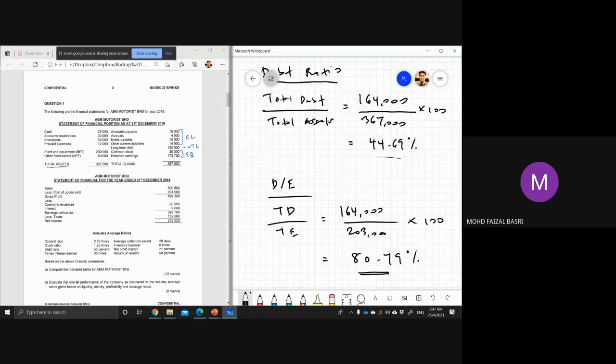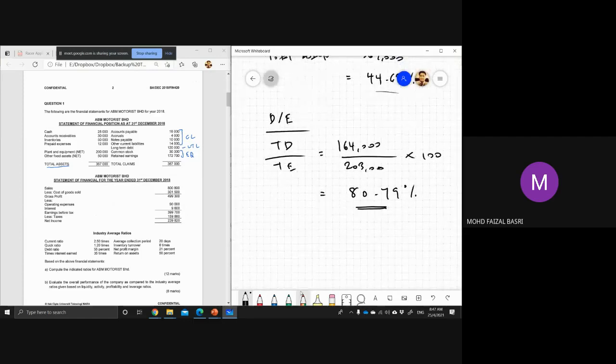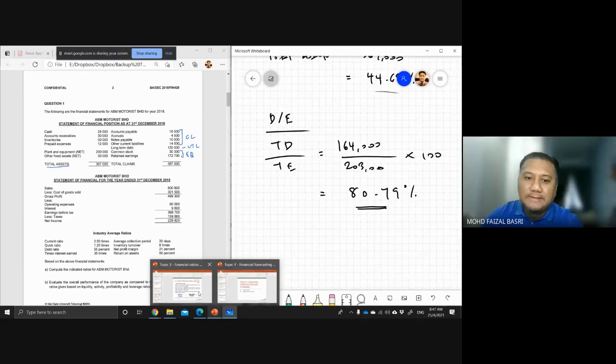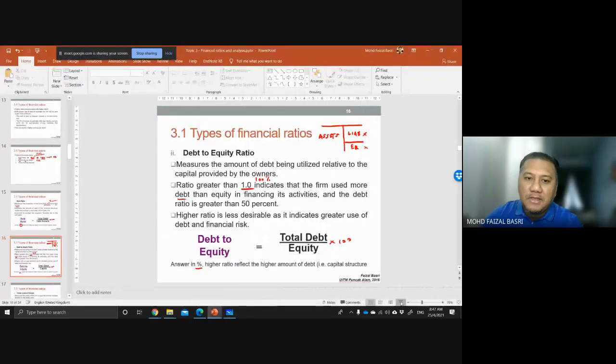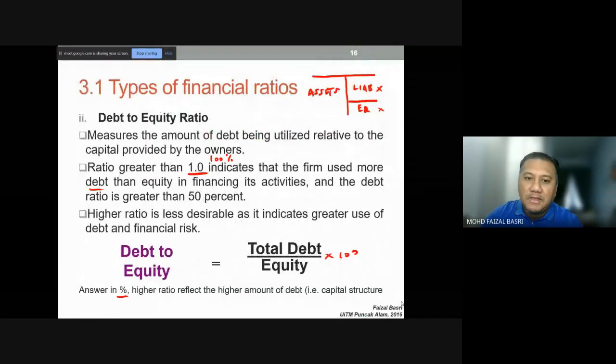So that's why, when we do comparative financial ratios, you cannot compare one company with another from a different industry. It must come from the same industry, or else it will not be fair to compare the performance of the two companies. Now, that's the second ratio under leverage, debt to equity.